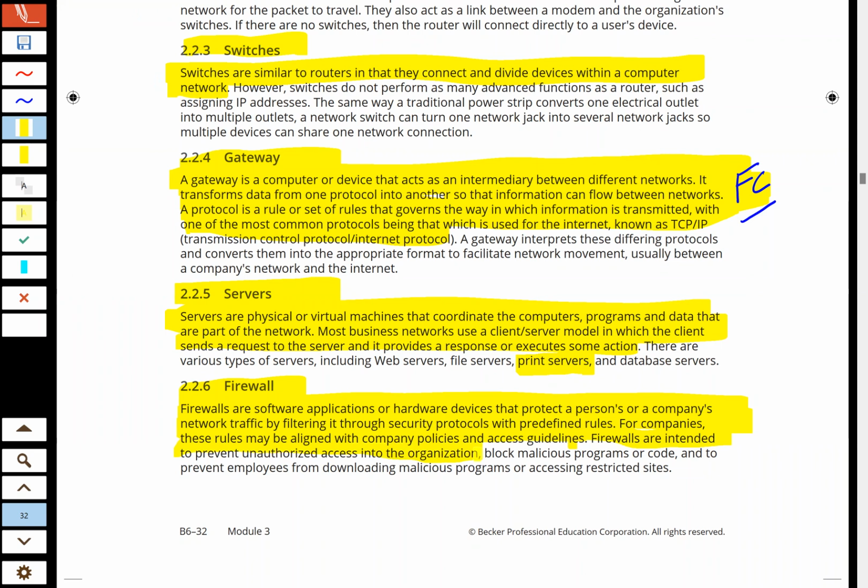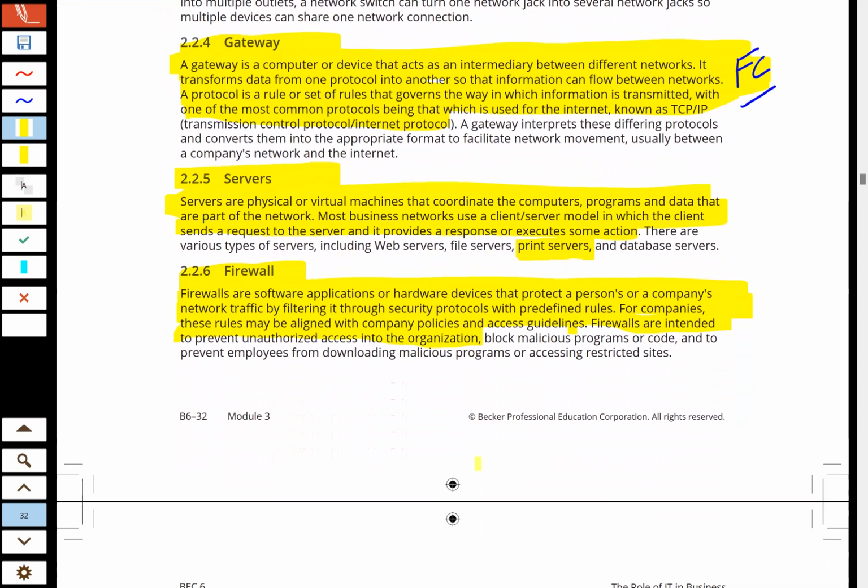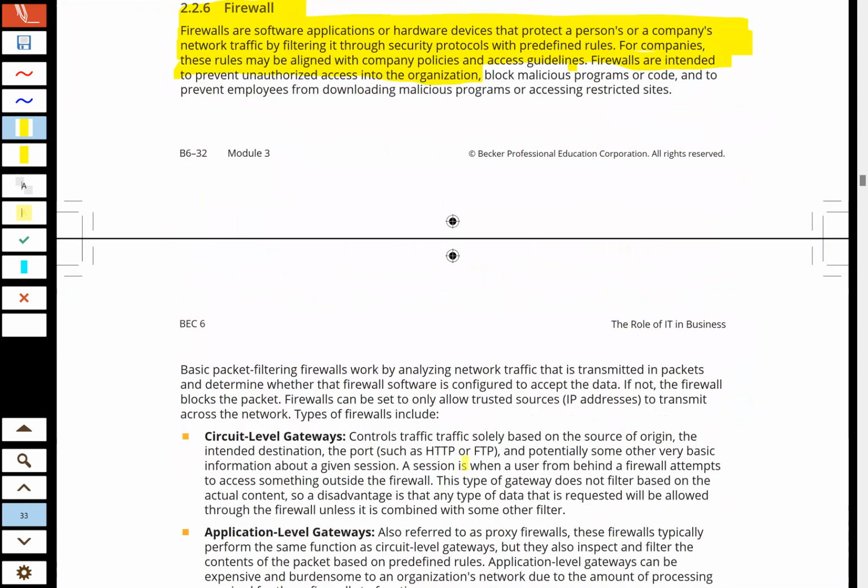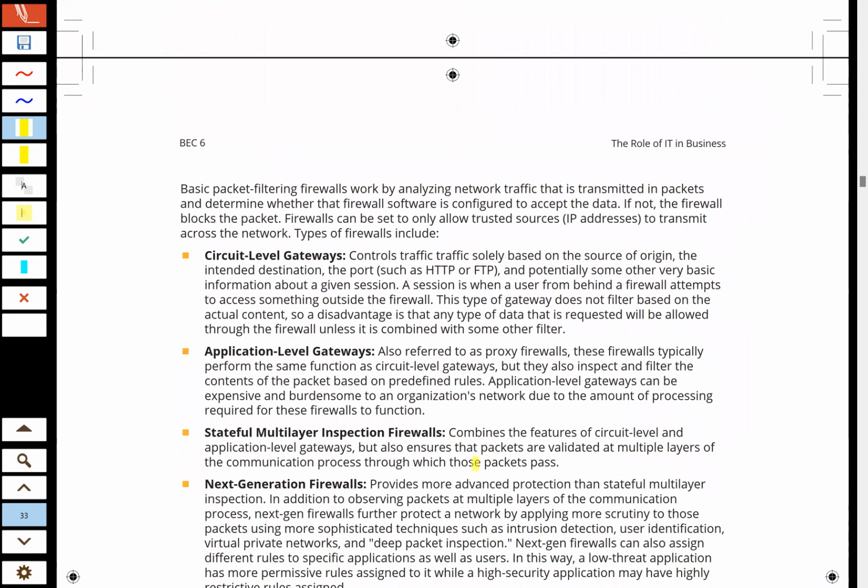Now when we talk about the different types of filtering that could be used, firewalls that could be used, let's go ahead and flashcard these. This does get a little more granular, so I think we need some flashcards.